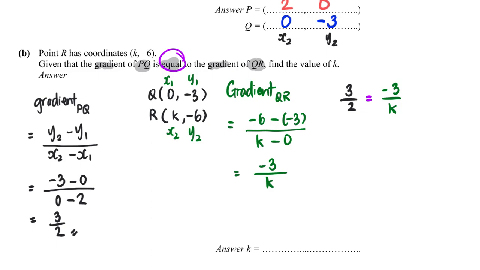I multiply k throughout, I will have 3k. Multiply by 2 throughout, I will have negative 3 times 2, negative 6. And I'm going to divide by 3. So I will then from here be able to get the value of k.